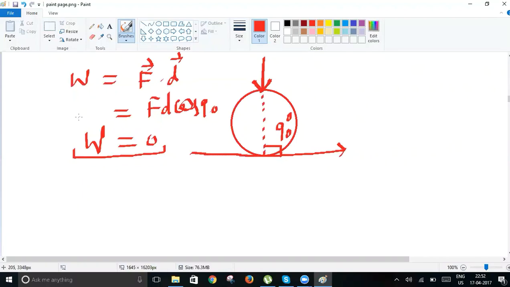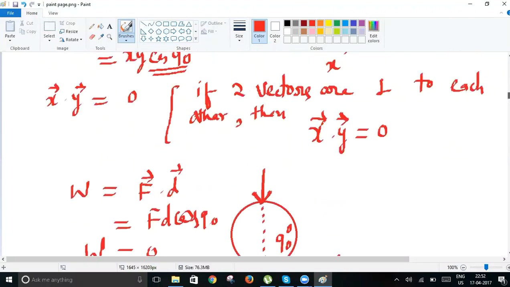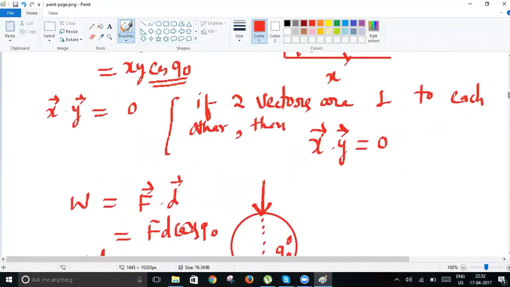You can note it down, whatever you wish now. If two vectors are perpendicular to each other, then x dot y, or whatever they are, a dot b, whatever, equals 0.